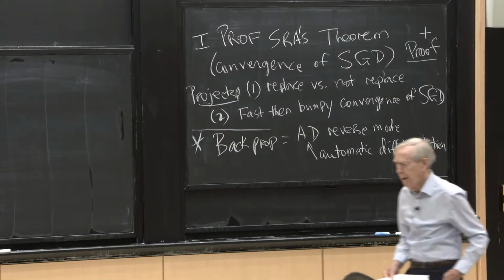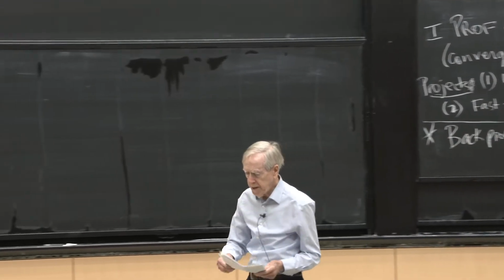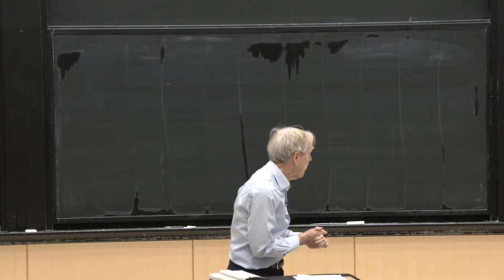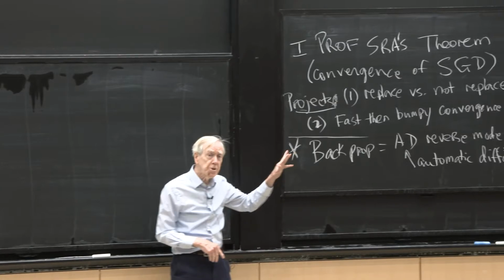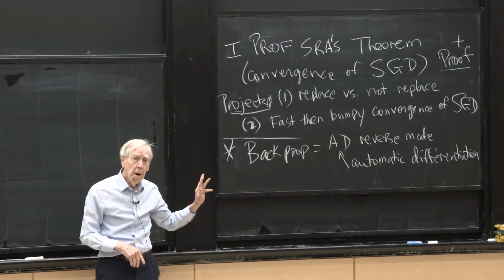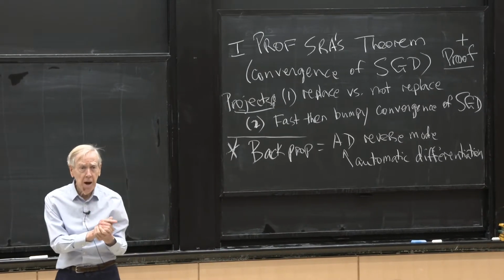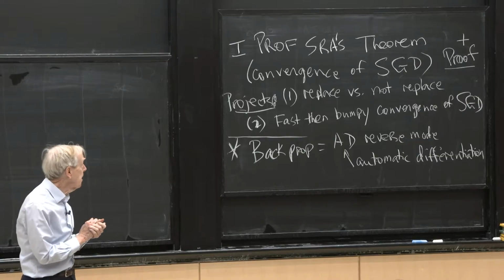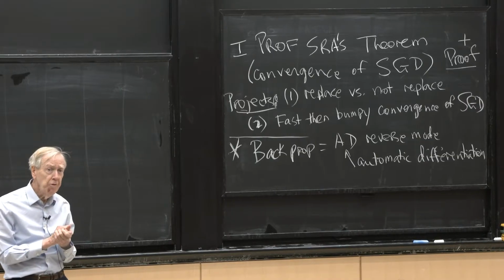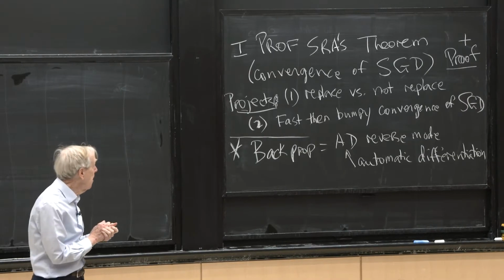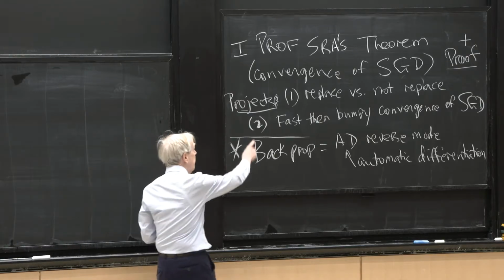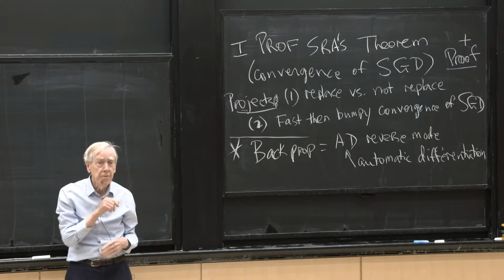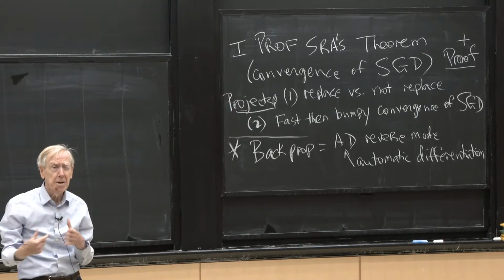Okay, here we go. All set, and two topics for today. One is to go back to Professor Sra's lecture. That was last Friday, and he promised a theorem and proof, and this morning he sent it to me. So it's proving the convergence of stochastic gradient descent.